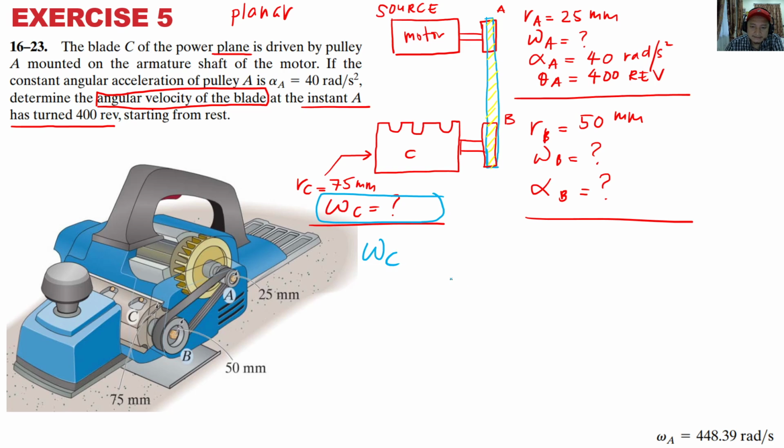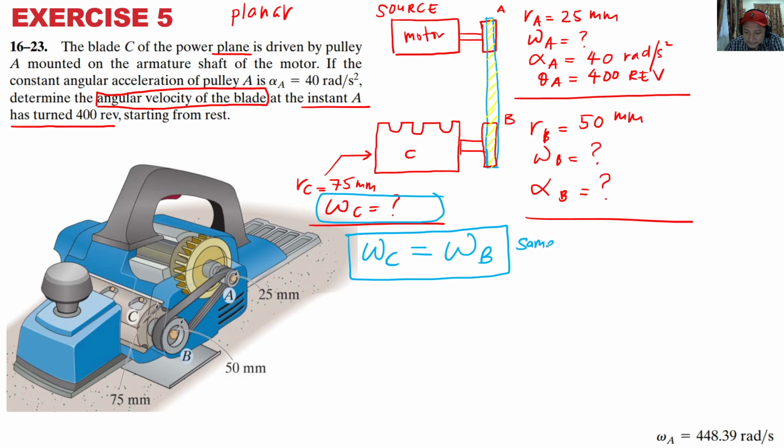Omega C. You know already the relationship of omega with radius. Omega C RC equal omega, this one is directly coupled. Omega C is actually equivalent to omega B. Why?